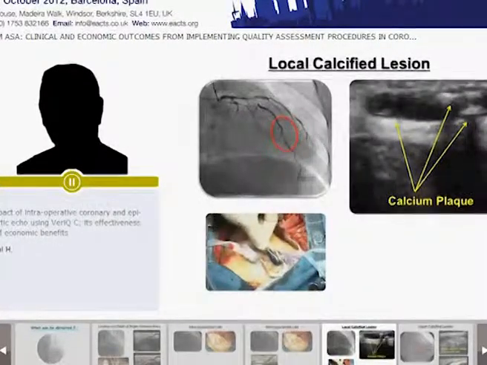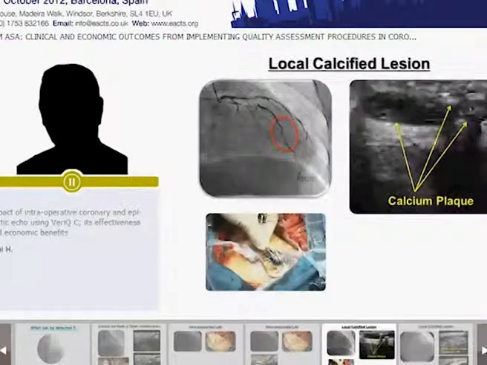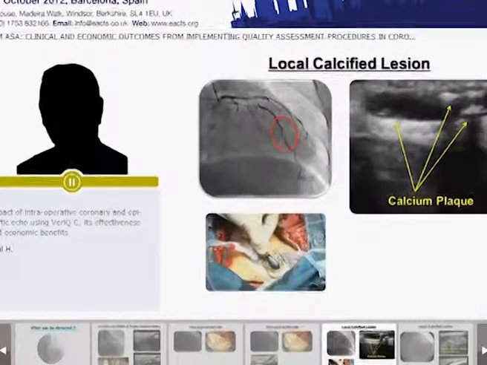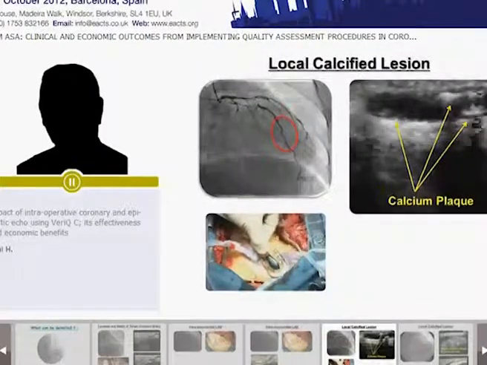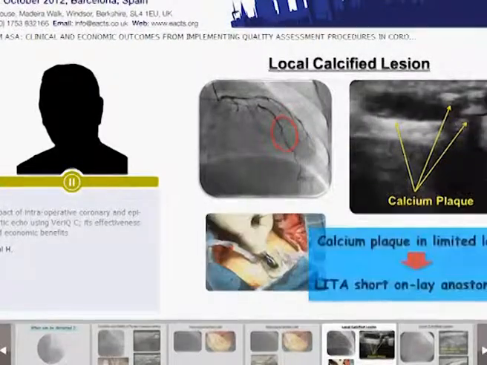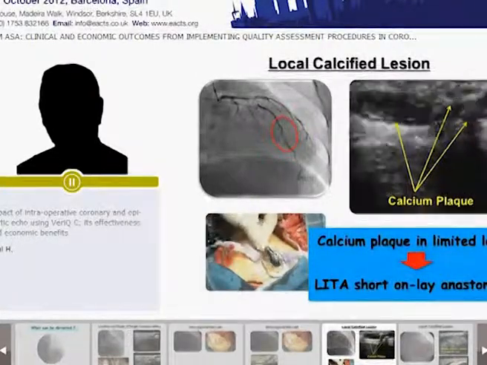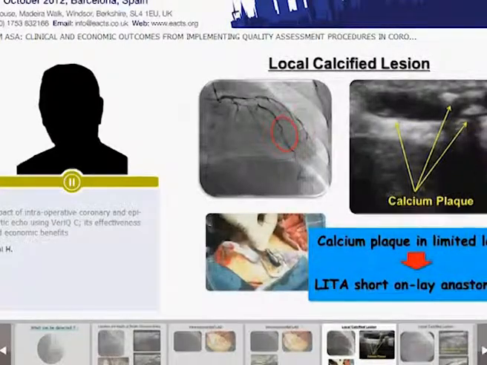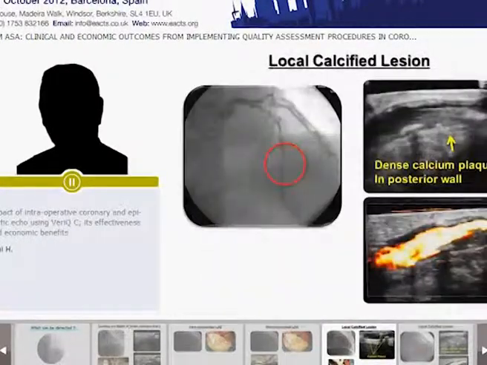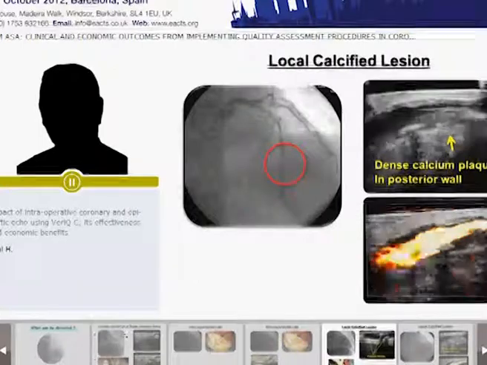If there is a local calcification in the mid portion of the LAD, sometimes I wonder whether I should skip the anastomosis or make a small onlay patch anastomosis. In these cases, I checked the configuration of the coronary artery, and there was a calcium plaque in a limited region, so I made an anastomosis using a LITA short onlay anastomosis.